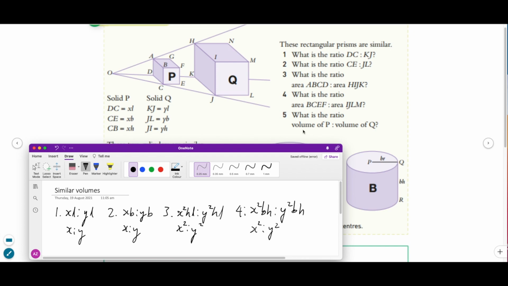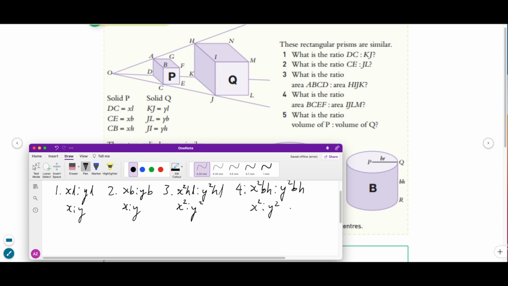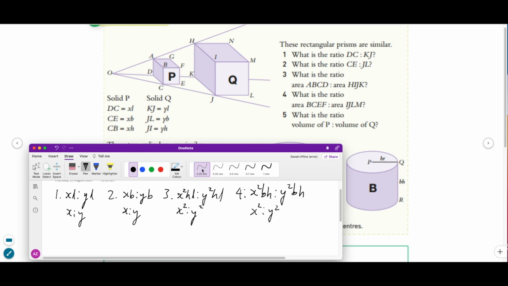Now the last one is what we're going to learn today. What is the ratio of the volumes? And as you probably would have guessed, the volume is just going to be the cubed version of this, okay? But we can just test it out. So volume P. To work out the volume of P, you have to multiply the three sides. So DC, CE, and CB. If you multiply all these three together, you should get X cubed LBH, right?